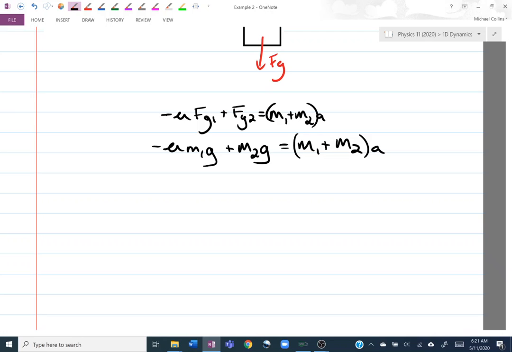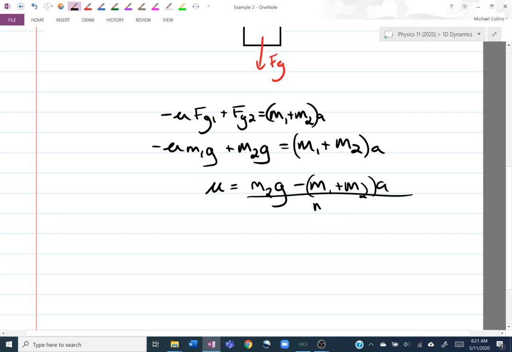And I think I end up with mu is equal to m2g minus (m1 plus m2)a, divided by m1g. Go ahead and practice that algebra on your own. Double check that I am right.